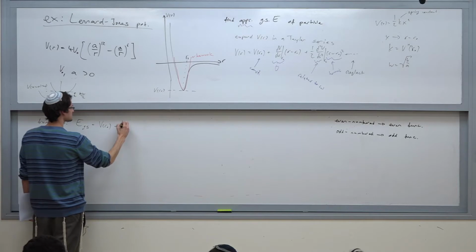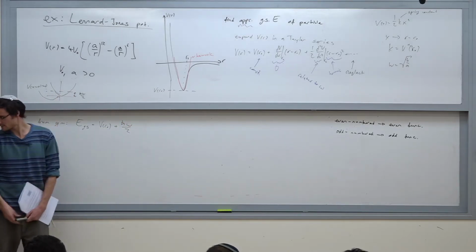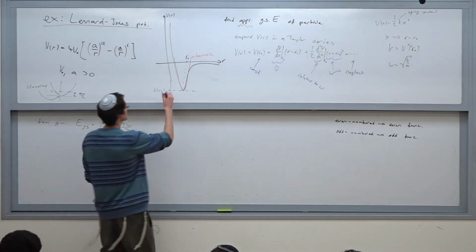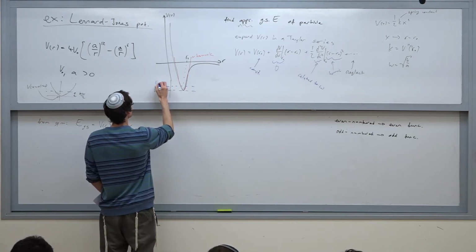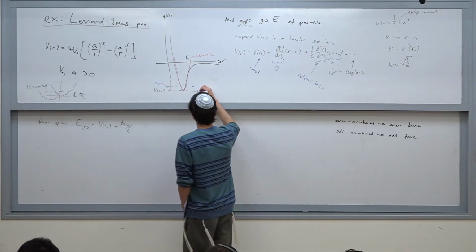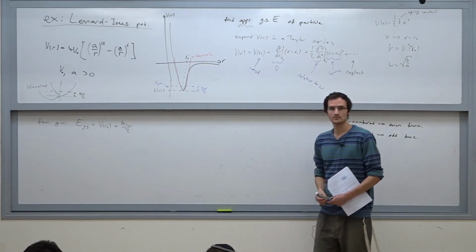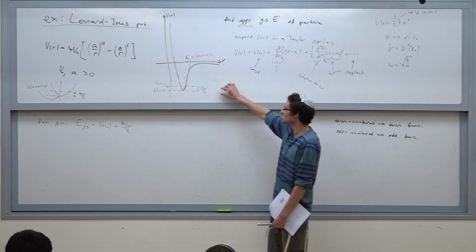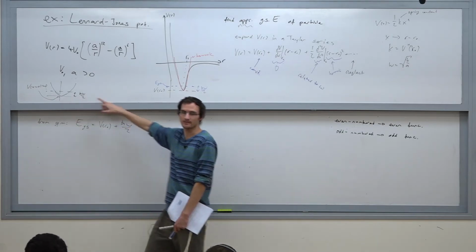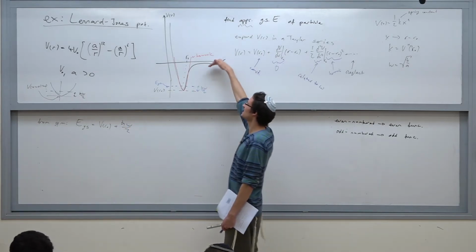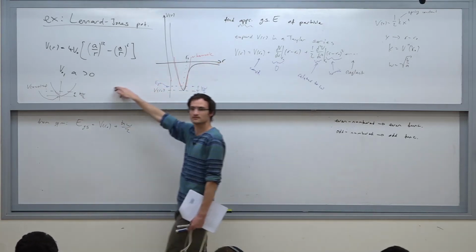So it's going to be this thing plus h bar omega divided by 2. What I'm saying is that the minimal energy is here. This is E ground state, where this distance is h bar omega over 2. It's exactly a height of h bar omega over 2 above the minimum of the potential. It's exactly the same. The only difference is that the entire potential is shifted down in this case versus this case.